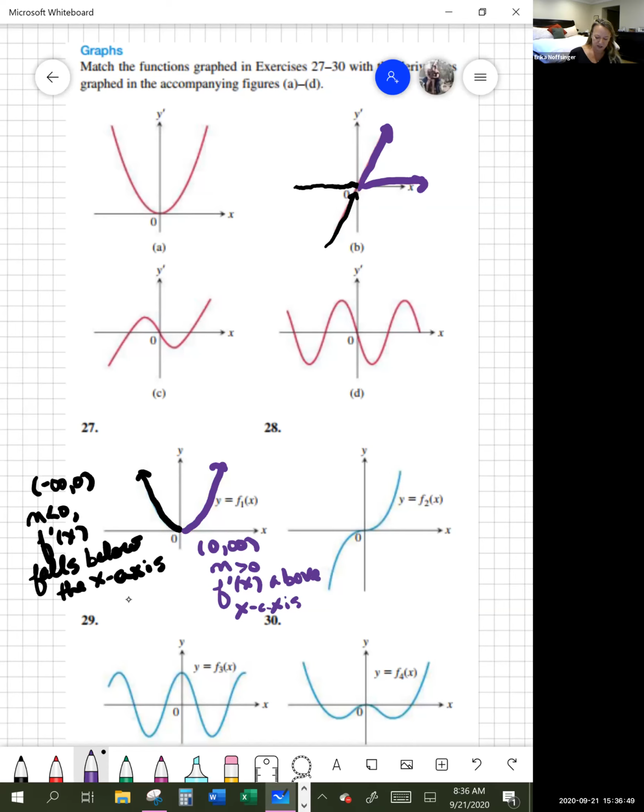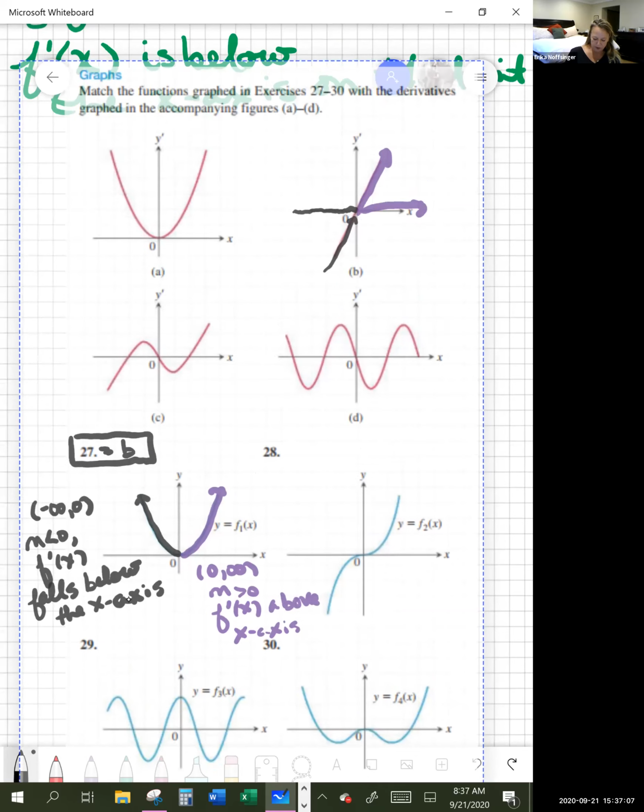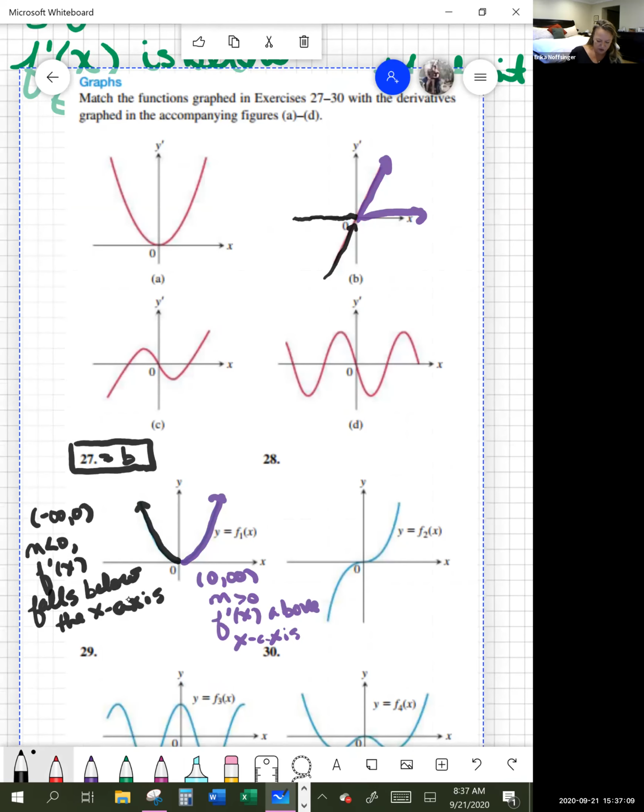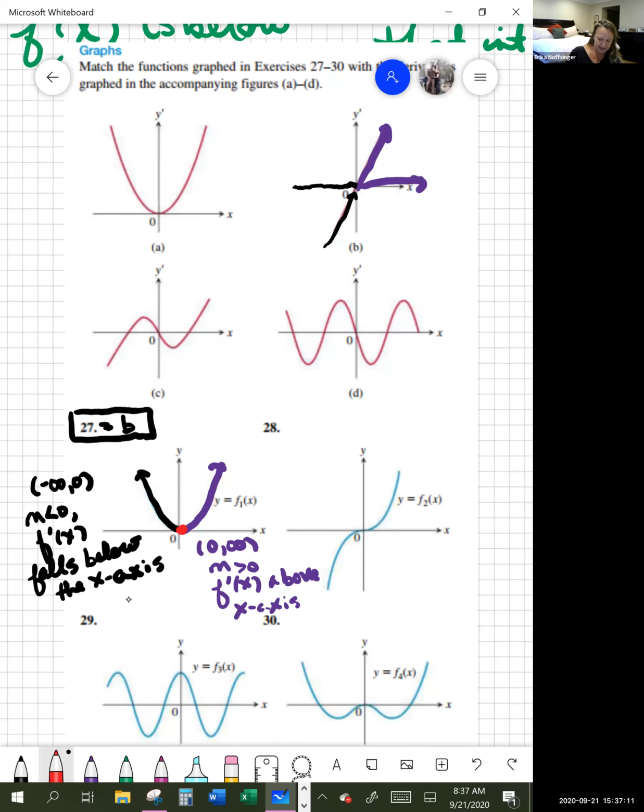So this would match graph B. The other thing was, remember, a max or a min was where it was going to cross the x-axis, and it was the same value right here.